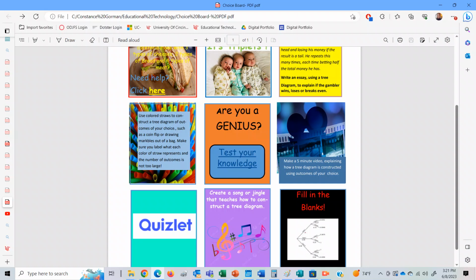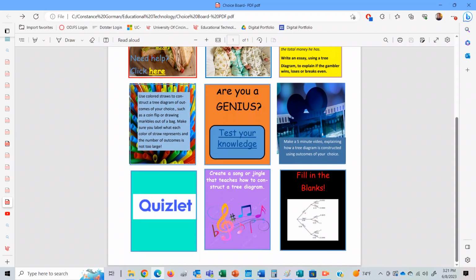So they could do a roll of a dice. A dice has 6 faces. If you roll it 3 times, what would be the tree diagram and how would you construct that? It's similar to a coin toss, except you have 6 outcomes instead of 2, heads or tails. So this is for the student that is more on the artsy side.